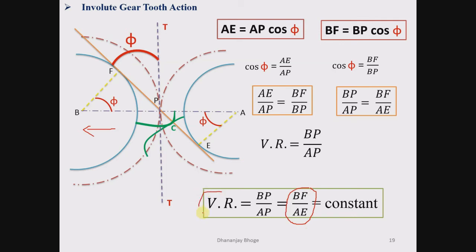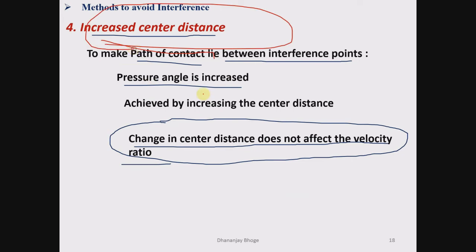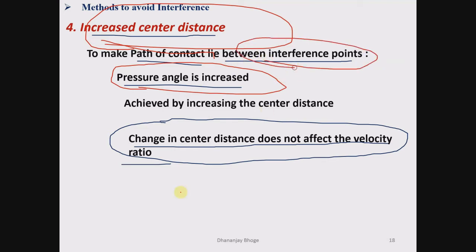That means velocity ratio is unaffected by change in center distance in case of involute gears. So we can change the center distance safely, in order to increase the pressure angle and make sure that path of contact always lies in between the interference points.